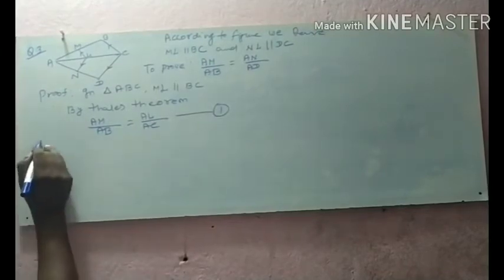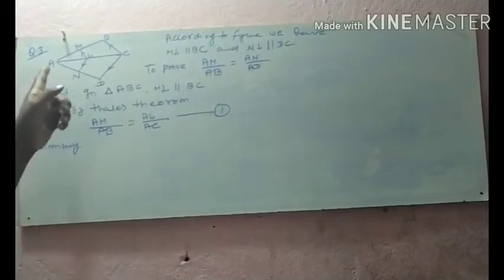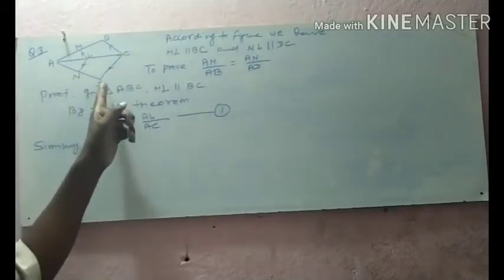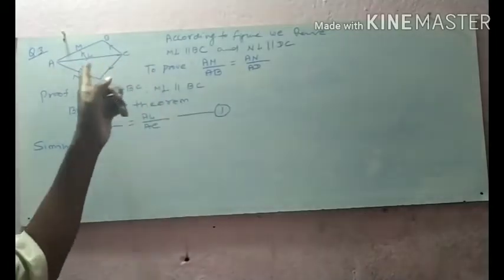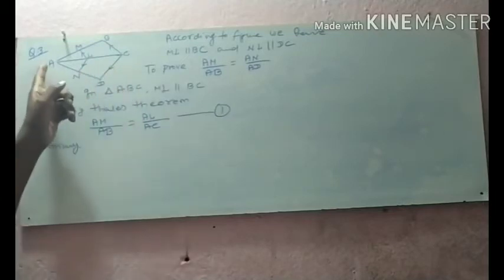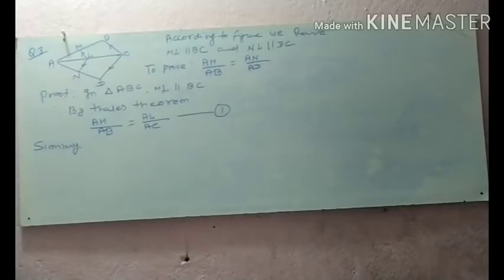Similarly, in triangle ACD, NL is parallel to DC. Therefore, by using Thales theorem, we can write here that AN by AD is equal to AL by AC.